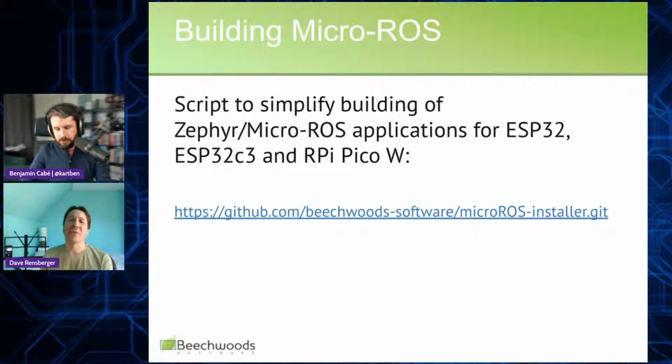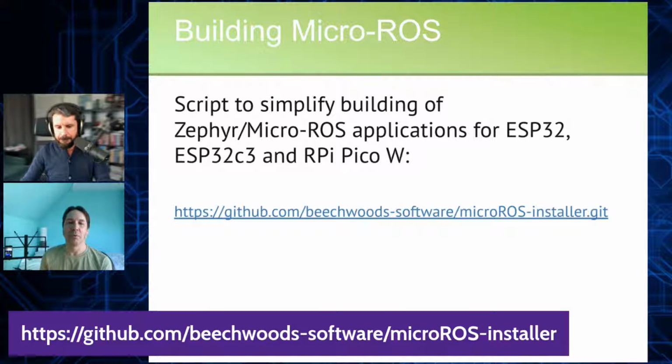We are providing a script that simplifies building micro-ROS plus Zephyr, at least on the ESP32, ESP32C3, and on the Pico W. So that's out there on GitHub if anyone wants to go try it.